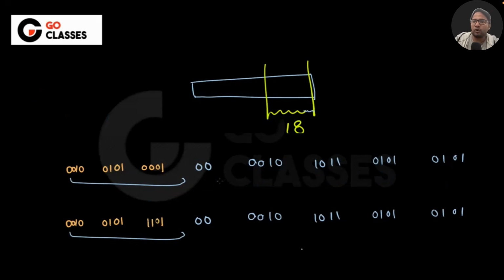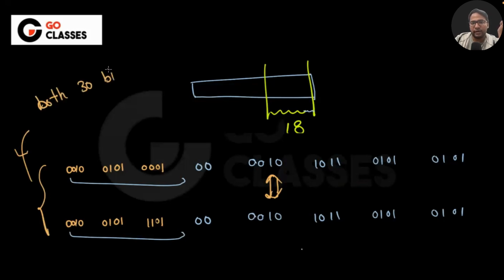All you have to do is keep these the same, right? Isn't this address also mapped to the same line? Both have the same line, right? Both 30-bit addresses have the same line number, isn't it?